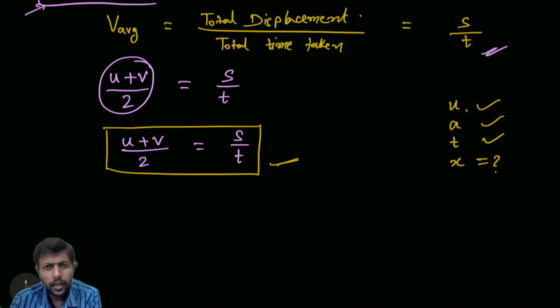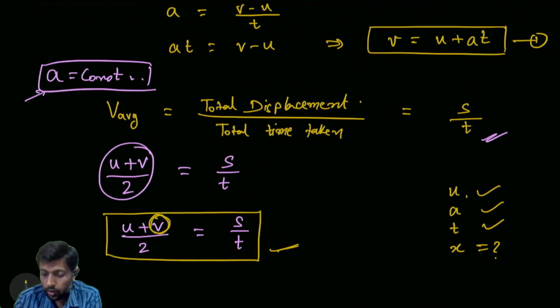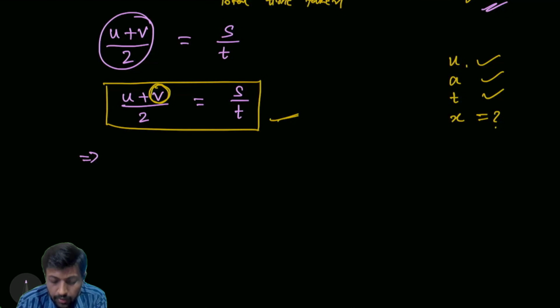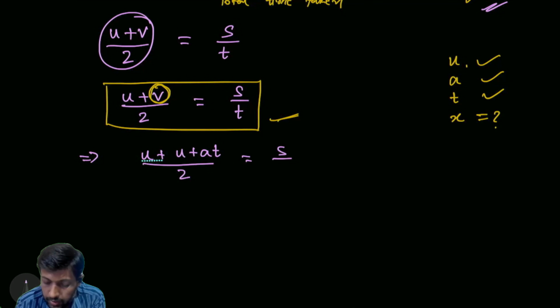But here we don't know final velocity, so what we'll do is we'll try to convert this using the very first equation that we got, which was v equals u plus at. We can write this equation as u plus, v can be written as u plus at, upon 2 is equal to s upon t.